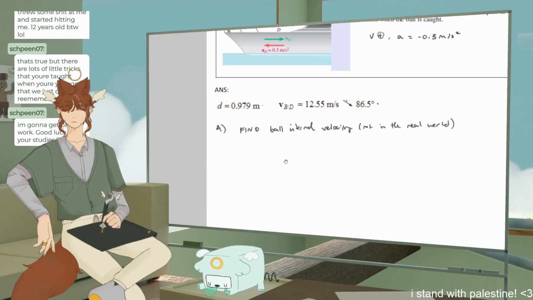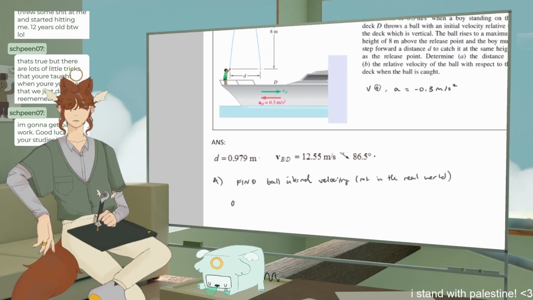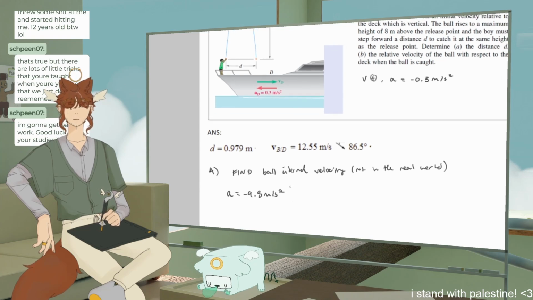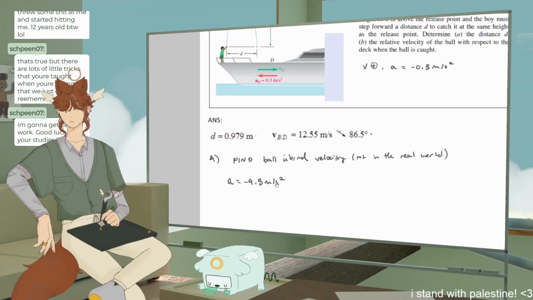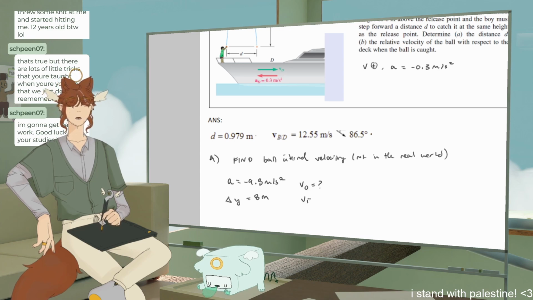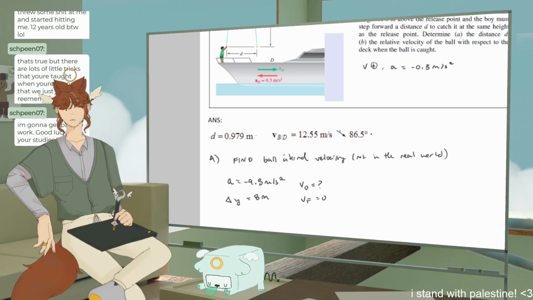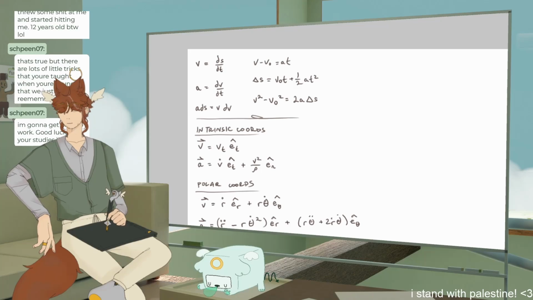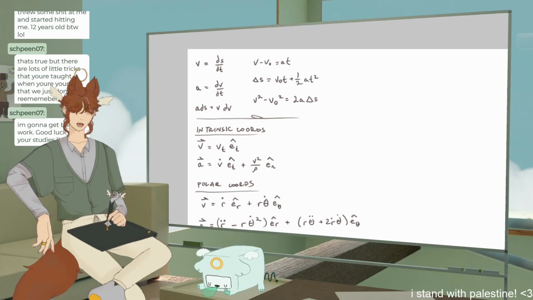Okay, so to do this, we know that our acceleration is going to be negative 9.8 meters per second squared. We don't know how long the ball takes, but we do know how high it goes. Delta y equals 8 meters. We're trying to find V0. Vf equals 0, because we'll just look at the first half of the arc that the ball makes.